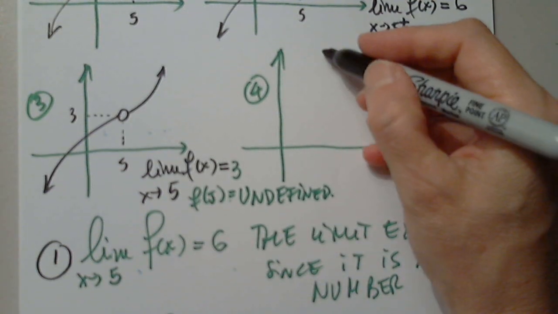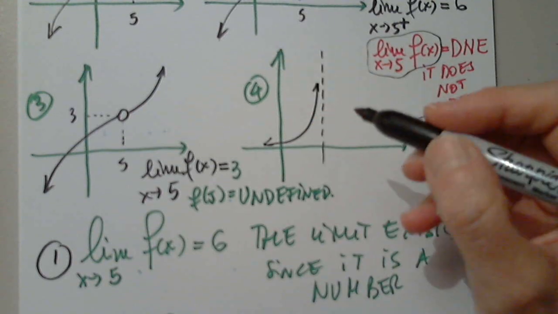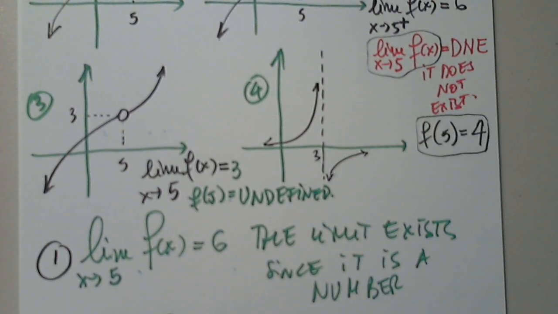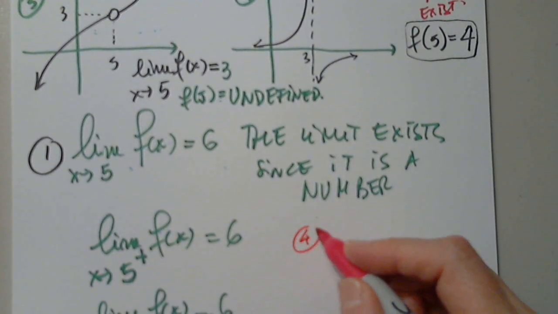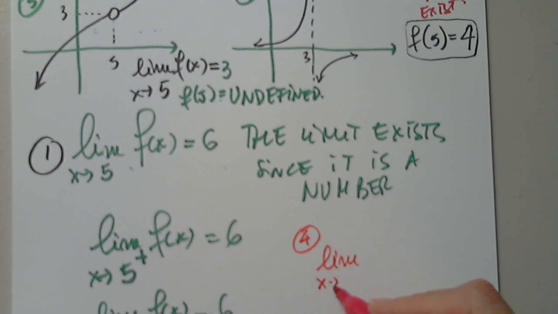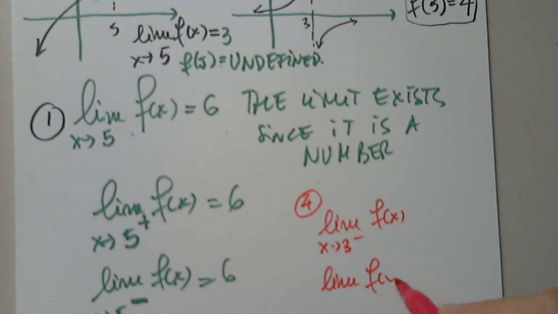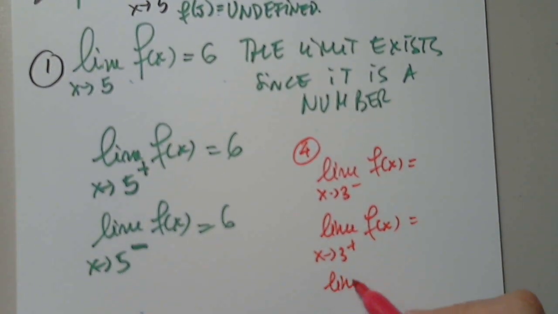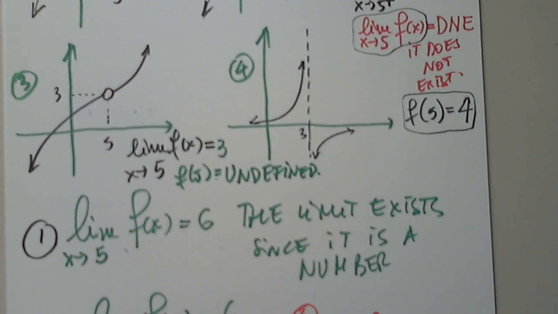Okay, finally, case 4. So for case 4, limit as x approaches 3 from the left, and limit as x approaches 3 from the right, and limit as x approaches 3 from either side. So let's take a look.